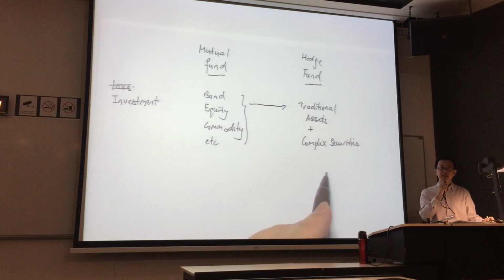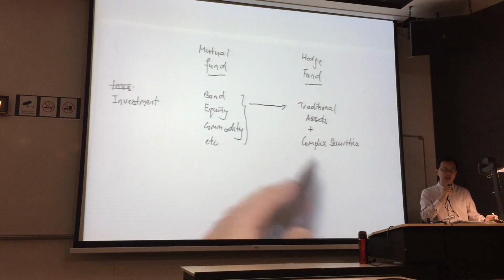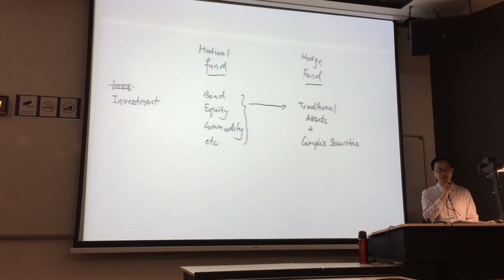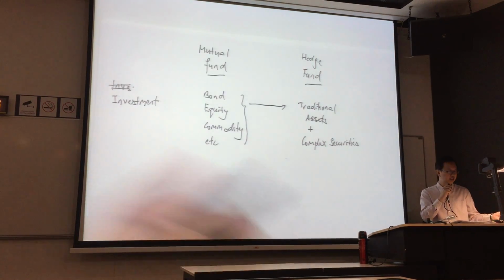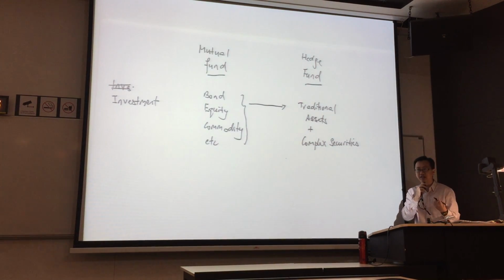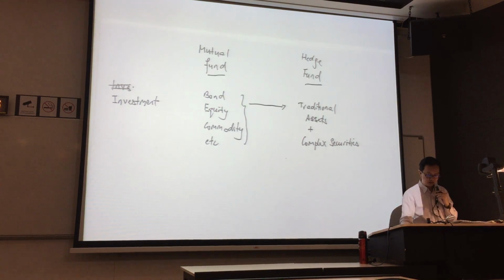This complex security, most of the time, are structured product, whereby the return and risk are customized. So the complex security may not be liquid at all. So this is something different in terms of the underlying investment assets. So this is the part where we talk about complex security here.